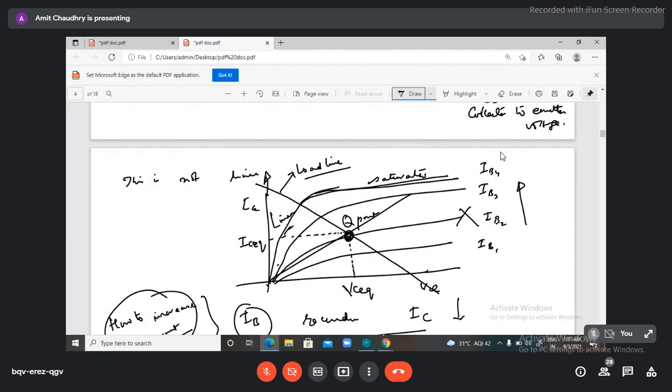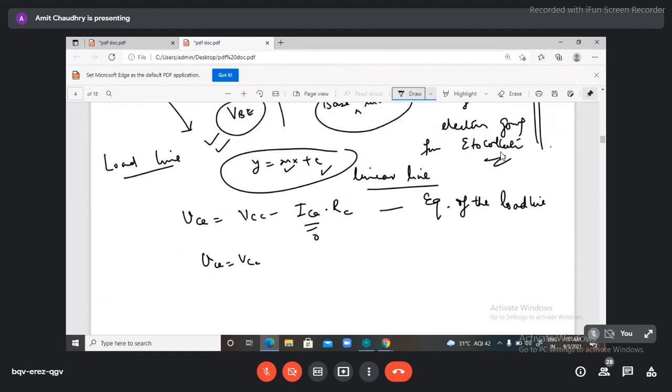It means that when the transistor is in off condition, the output VCE is equal to VCC. And we say 5 volts.